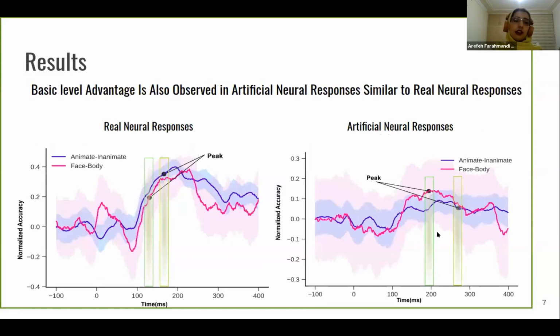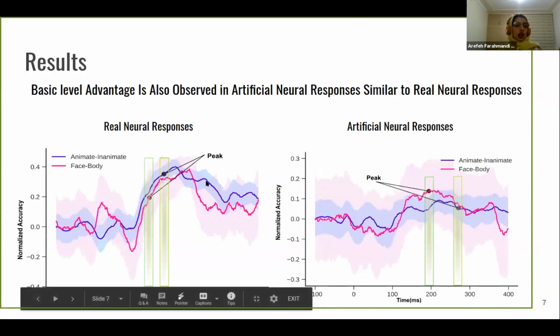In the next step, we have the basic level advantage, which is expected to be observed in our real data. It is our real neural response, and here is the artificial neural response.